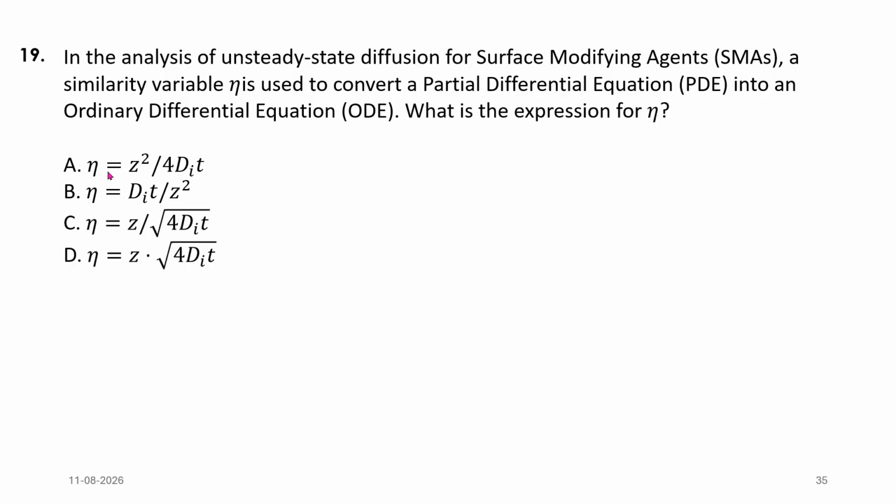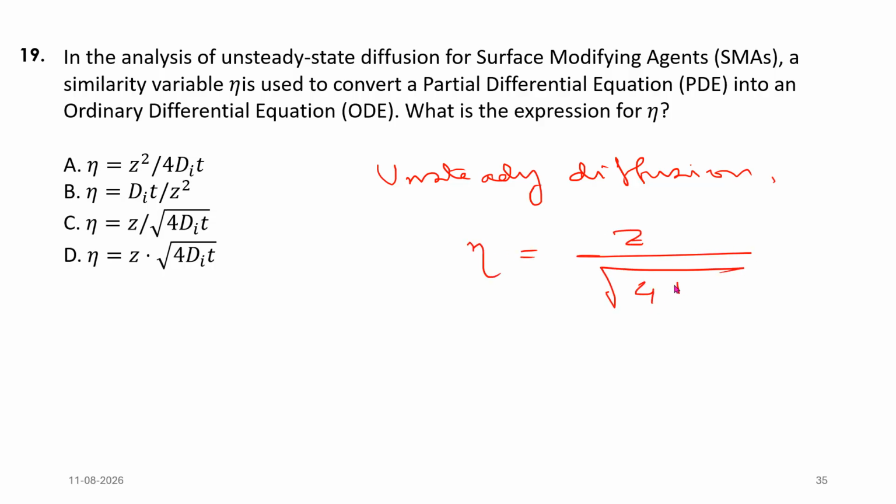What is the expression of eta? In the unsteady state diffusion lectures, probably lectures 15 and 16, eta is defined as z by root under 4Dt. So it is option C.